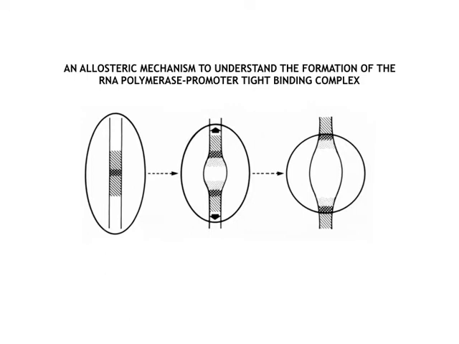The process described above can be considered to be a series of concerted allosteric transitions leading to the progressive union of two molecular species. How might this occur, and what is its underlying energetics?